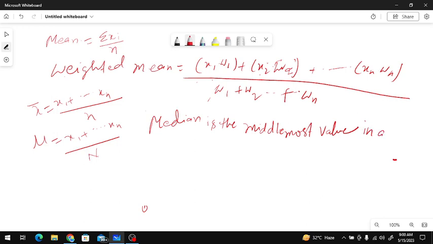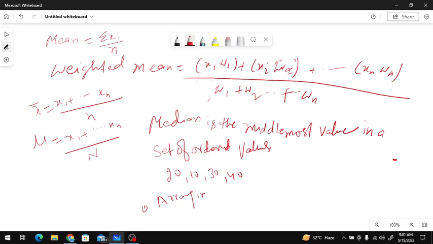So in a set of ordered values, if we have something like 20, 10, 30, 40, first we need to arrange them in ascending order.